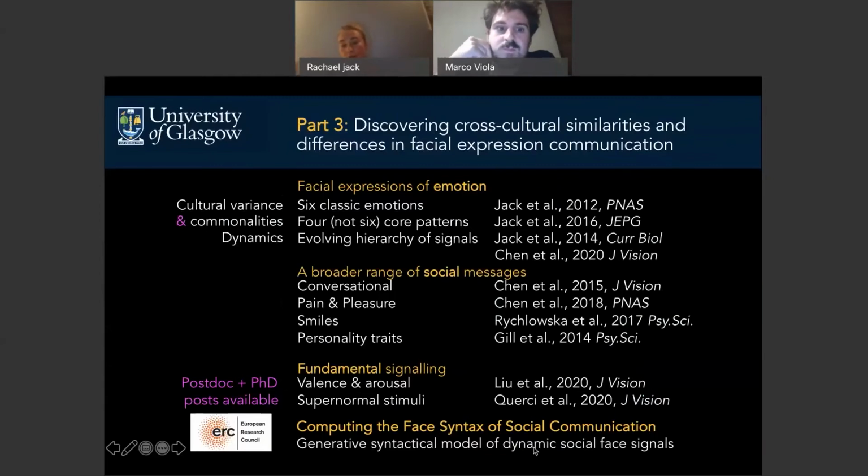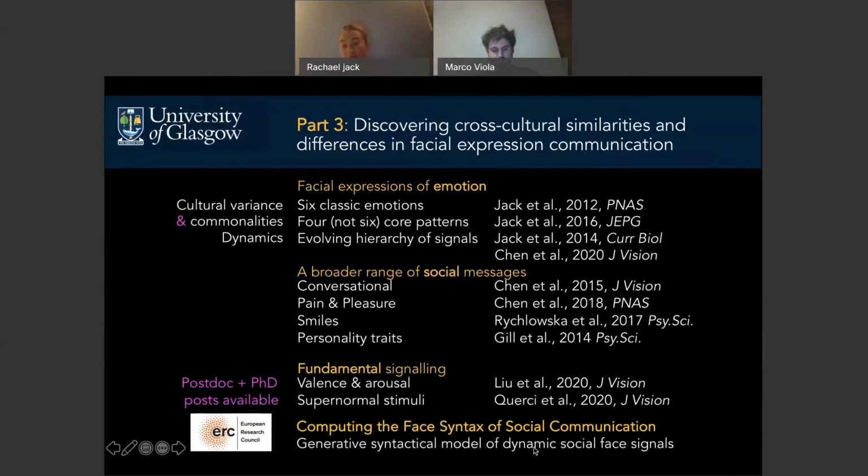So we've used then this data-driven method to expand and advance knowledge of facial expressions beyond their traditional boundaries, beyond the classic six, beyond emotions as well, looking at different social messages and using this across different cultures.